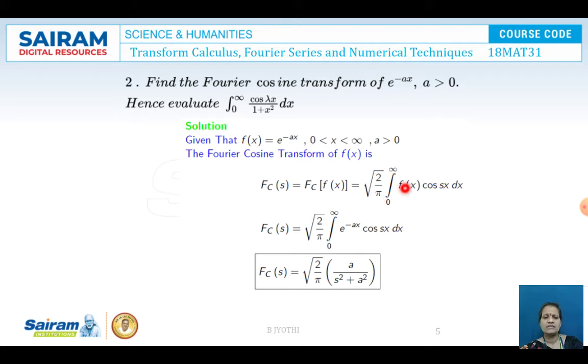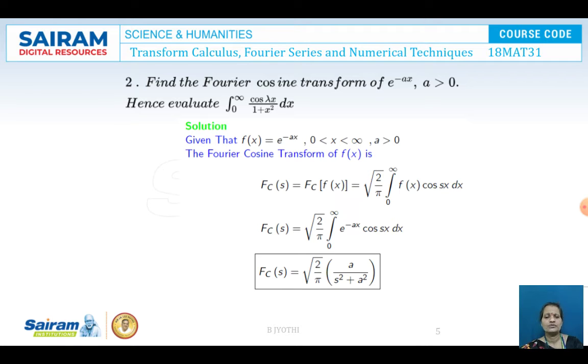So let us replace f(x) with e to the power of minus ax. Then when we apply the formula for e power minus ax into cos bx, it is given by a divided by s square plus a square. So we get this result, that is, Fc(s) is given by this result.